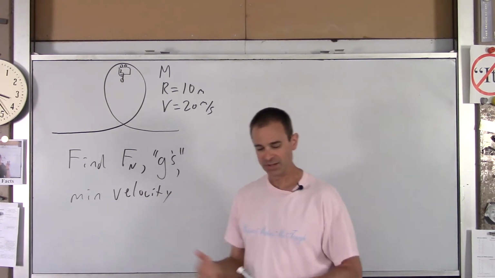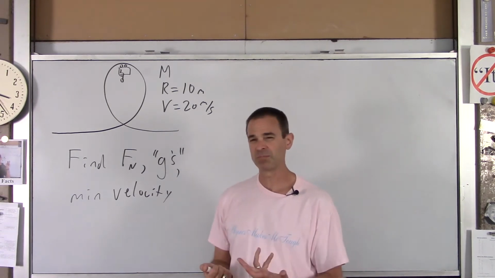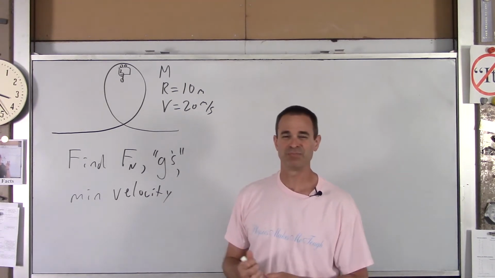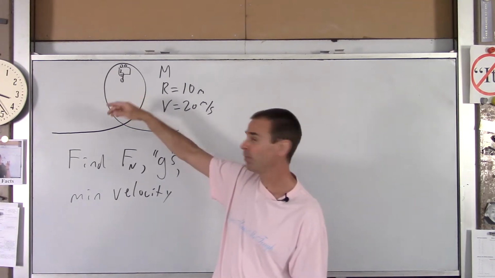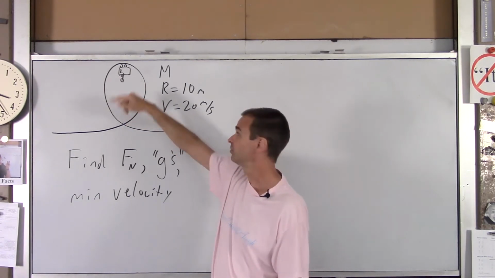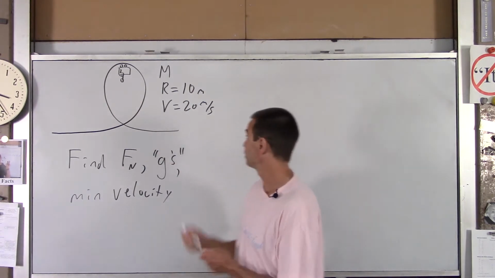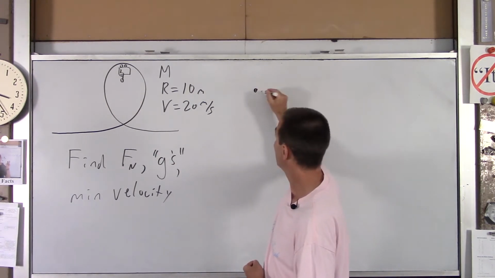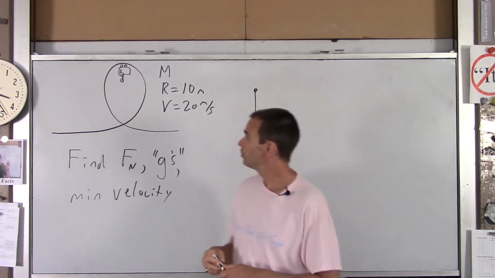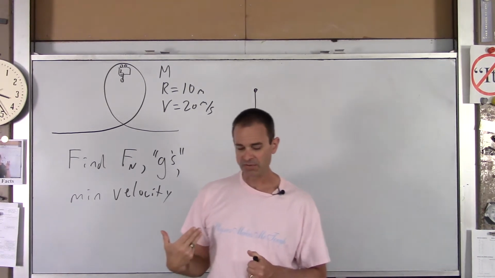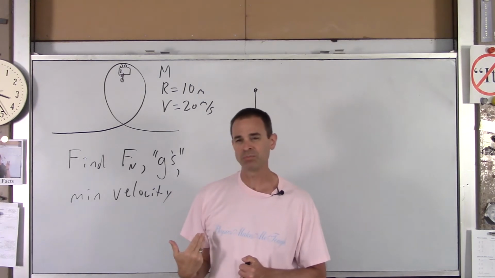Well, like every good problem, it's going to start with an FBD. So what forces act on the passenger? Well, this is pretty simple. You've got gravity, which is mg. And the only other thing that's applying a force to the passenger is the bottom of the seat.